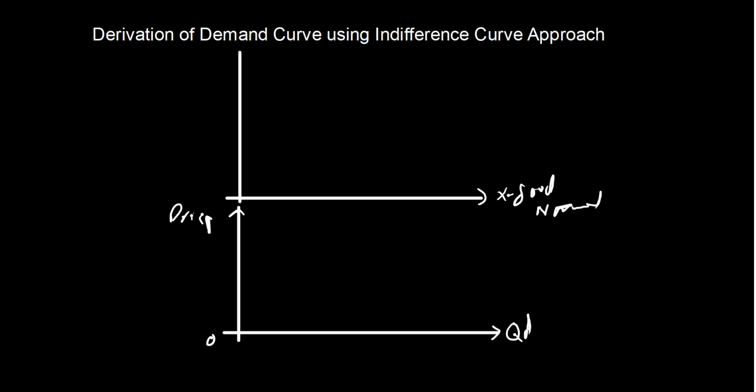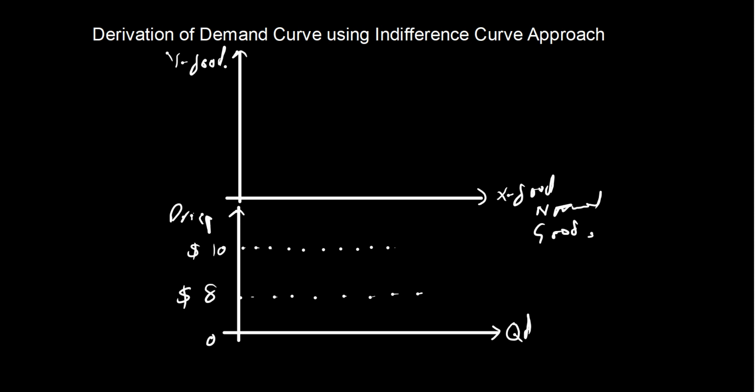On the Y-axis we have another type of good, Y good, and we don't know what type of good that is, we don't consider that, but we are focusing on X good only, that is a normal good. Now we assume that initially price is, let's suppose, $10, and now it decreases to $8. Then what will happen to the budget line, indifference curve, and consumer equilibrium?